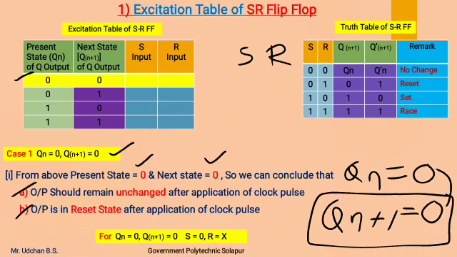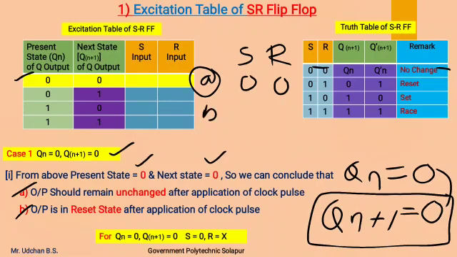For the first conclusion, the output is in no change state. Here is the truth table in which the remark is no change state, for which S and R both are 0 0. So for our first conclusion, the value of S and R will be 0 0.